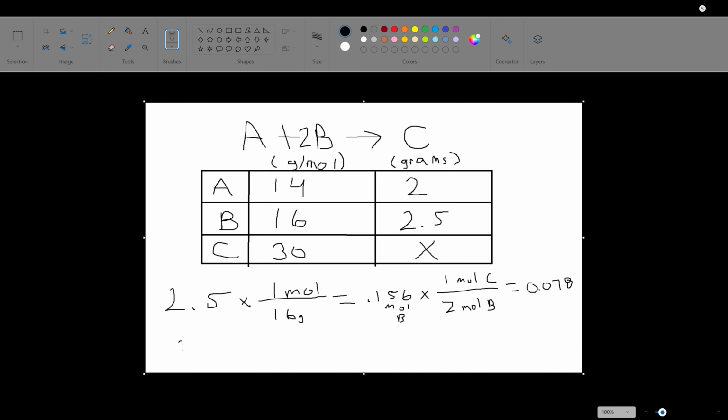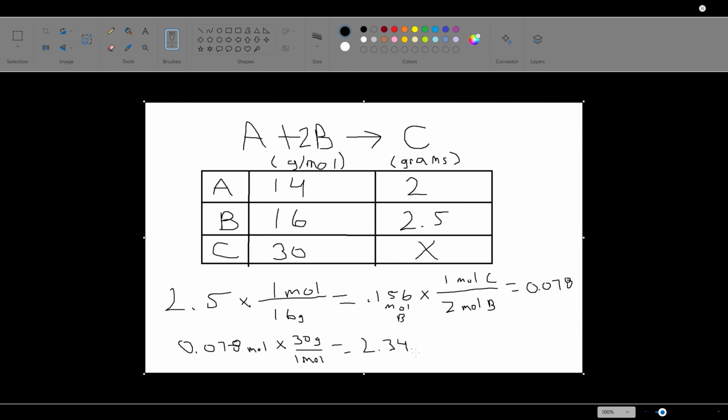And then we go down here, 0.078 mole of C times the 30 grams from the table would get us 2.34. So now, in this equation, the B reactant would be our limiting reactant, and then our theoretical yield would be now 2.34.